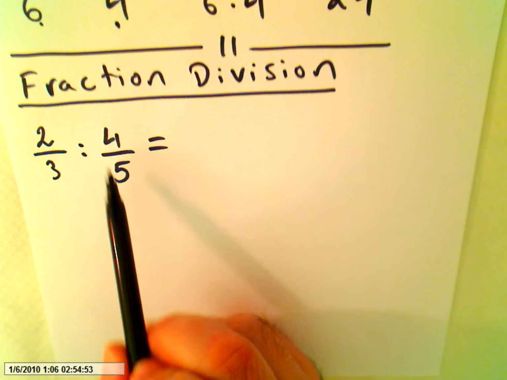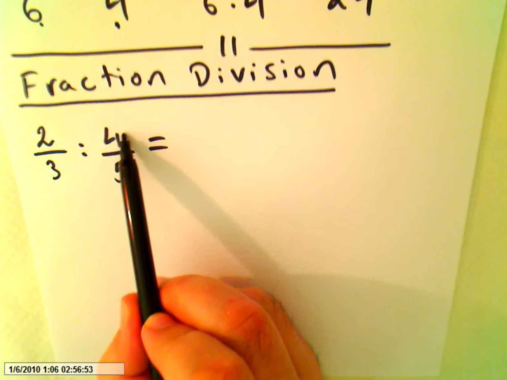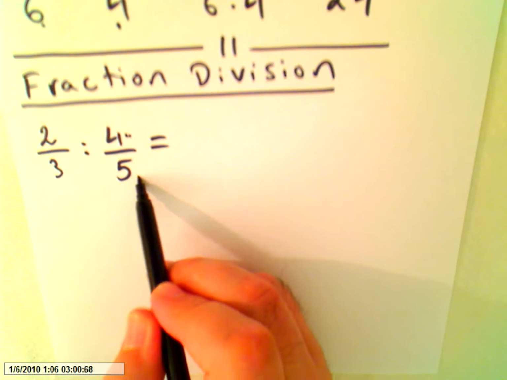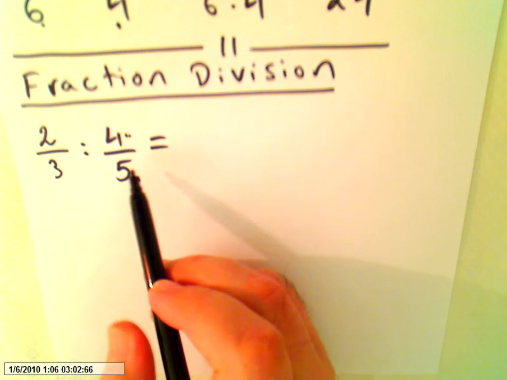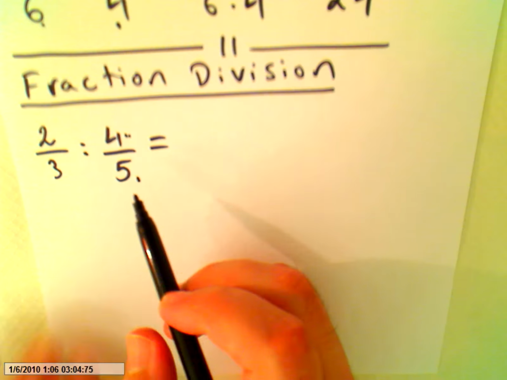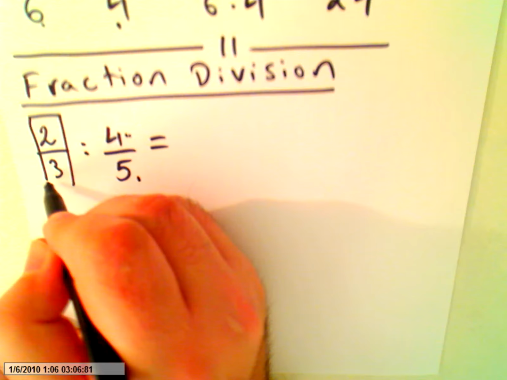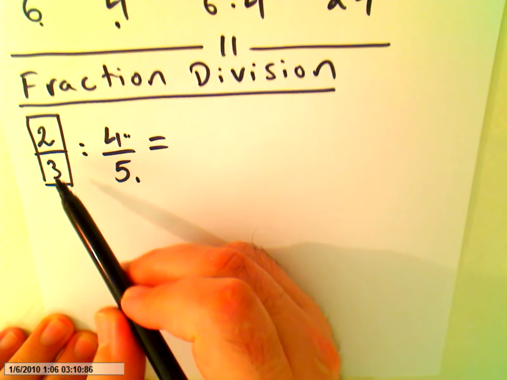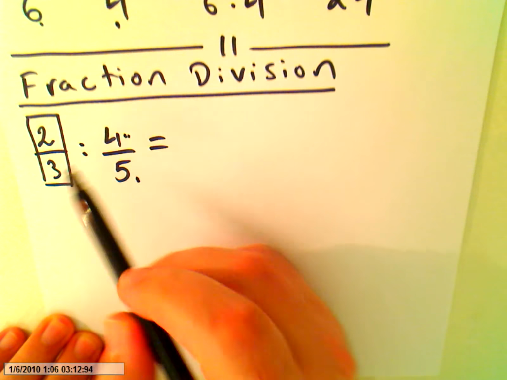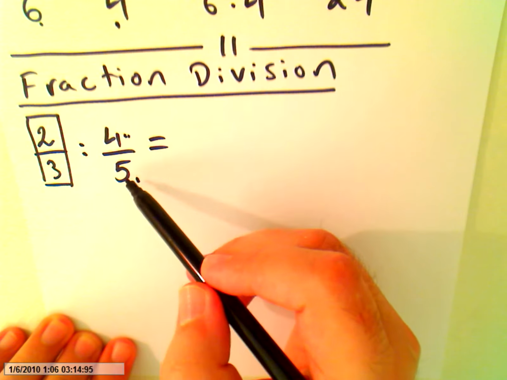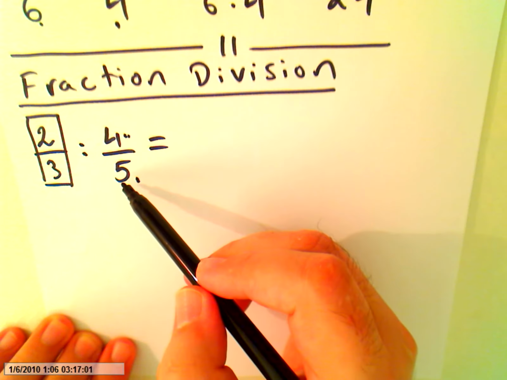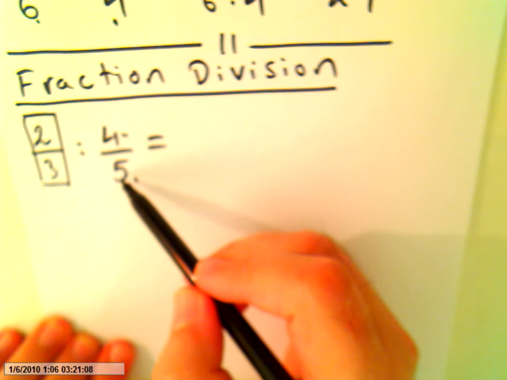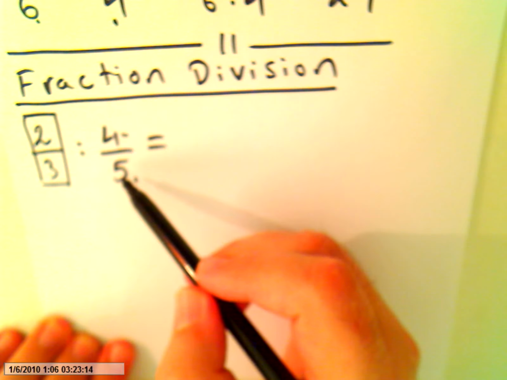You simply invert, switch the numerator and the denominator, the top number and the bottom number, of the second fraction. You always leave the first fraction as it is. Never touch the first fraction. So you switch the second fraction and the division problem becomes a fraction multiplication problem.